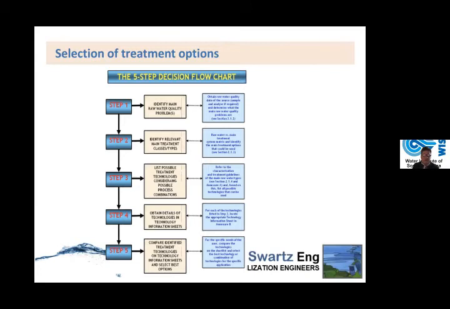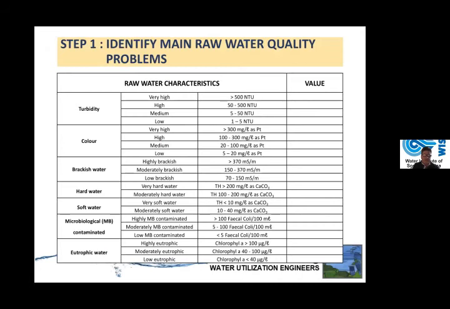What waste streams do you produce? How can you get rid of that, and so on. We'll get to that just now. And the last one is you compare all the ones that you put on your short list, and then you make a decision on which will be the best for your specific situation.